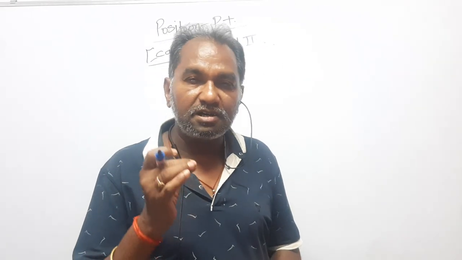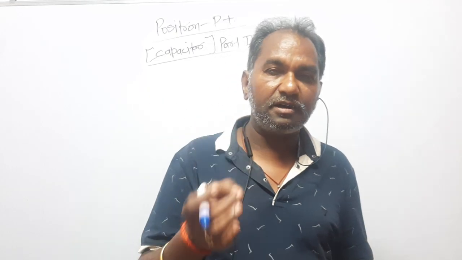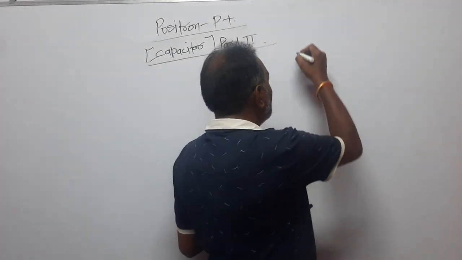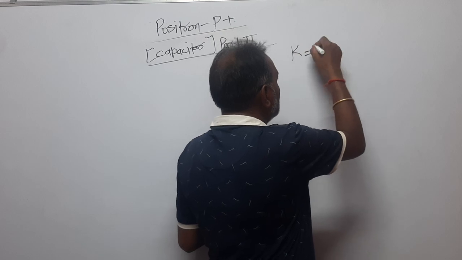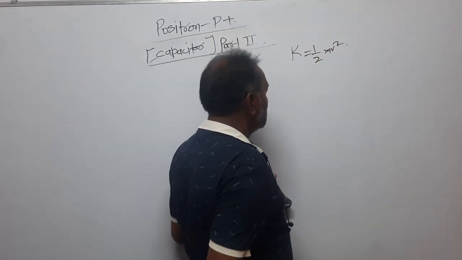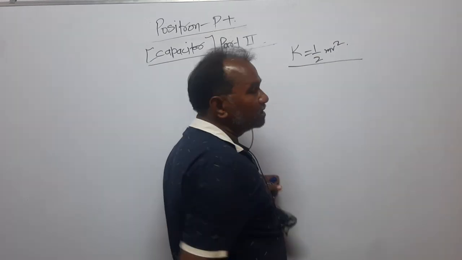In the similar way, an inductor is a device which stores energy in magnetic form, and you know the kinetic energy in mechanics is written as half mv square. This is linear motion.